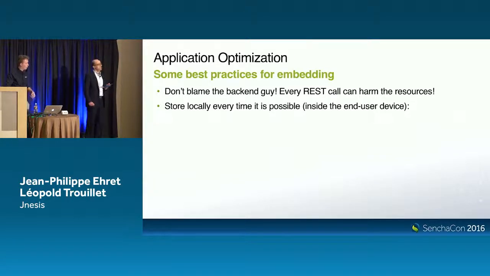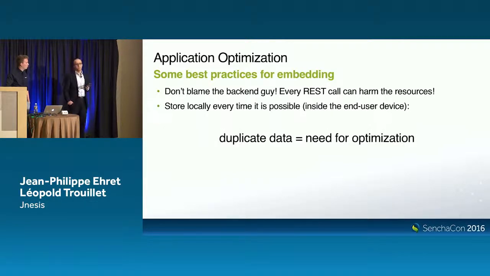And what you have to think about is that if data is duplicated, you do not need to download it again. So you have to really think about what can be stored locally on your Ext JS app and for how long.